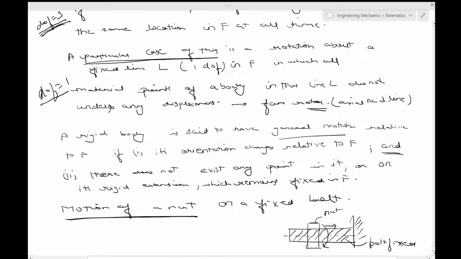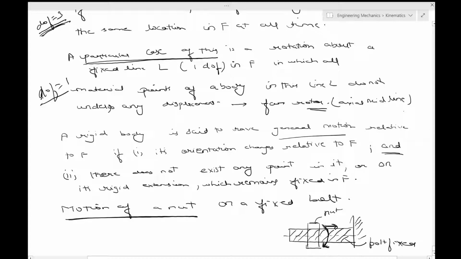So you can see this arrangement, and over here the orientation will continue to change clearly, because it is rotating, and then there will not exist any point on this nut or its rigid extension which remains fixed in F. All the points of this nut are actually rotating and translating.